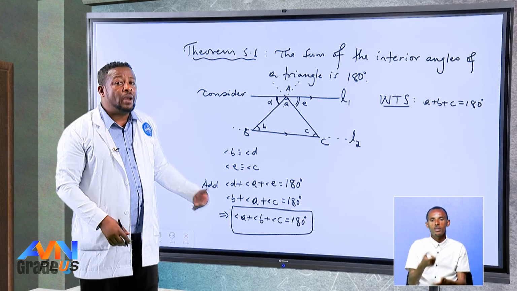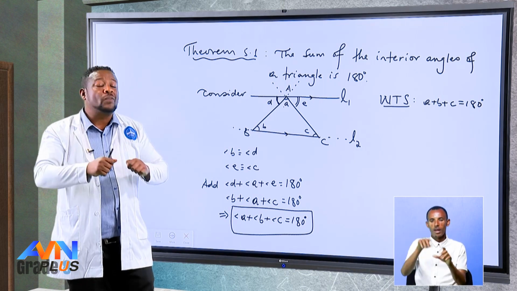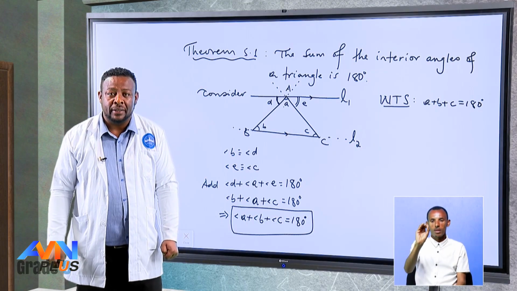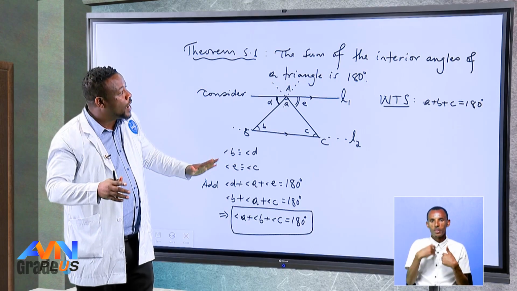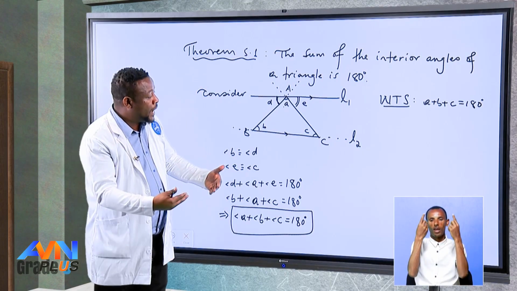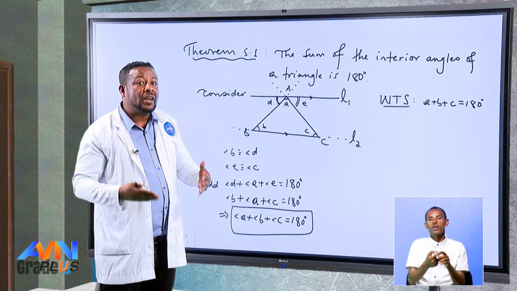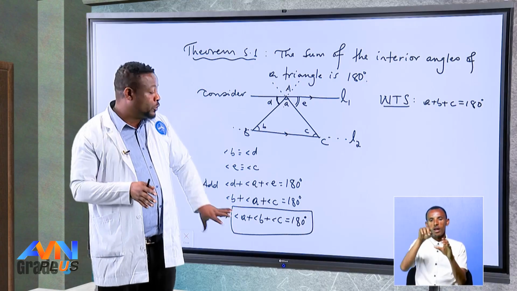So this is why we say that the sum of the interior angles of any triangle is 180 degrees, right? If you understand this, you can answer any question regarding the interior angles of a triangle by using this fact.